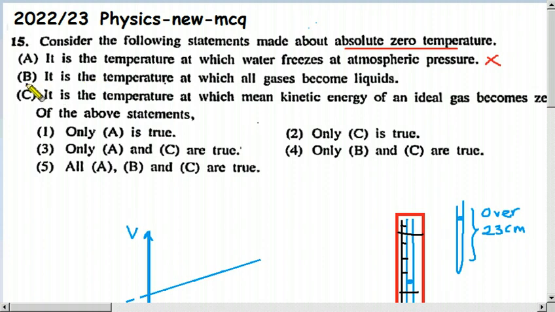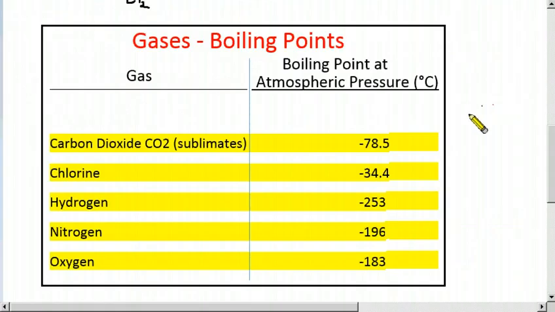Then let us go to statement B. It is the temperature at which all gases become liquids. So children, let us look at this table. It has two columns. The left column has gases, the right column has boiling point at atmospheric pressure. The unit is centigrade degrees.